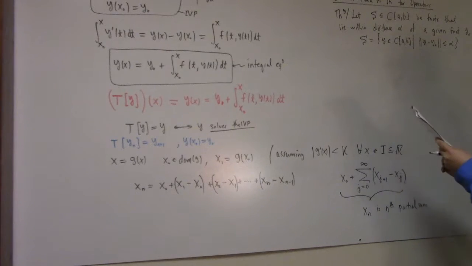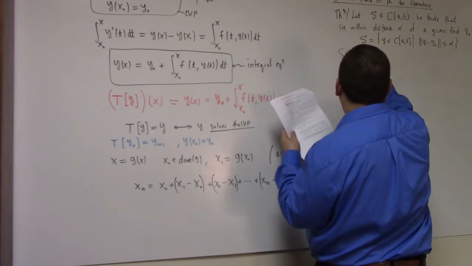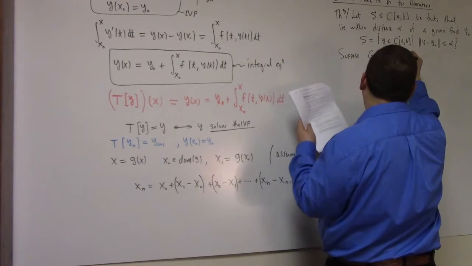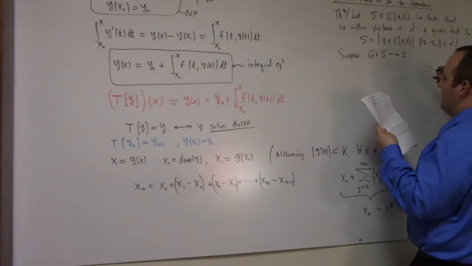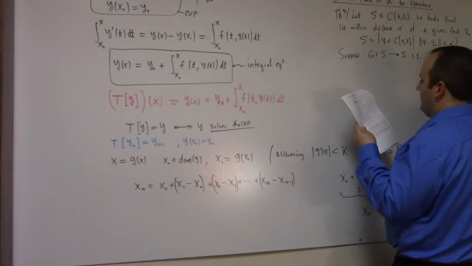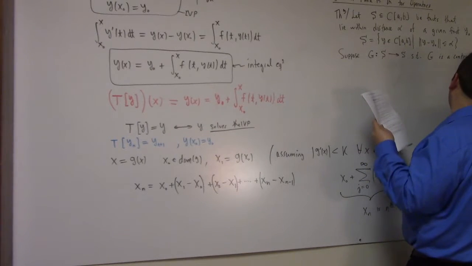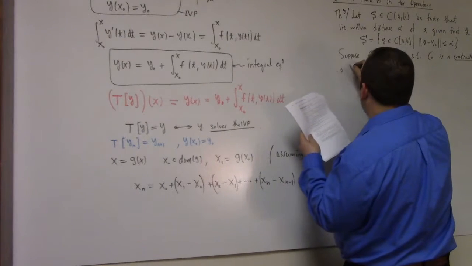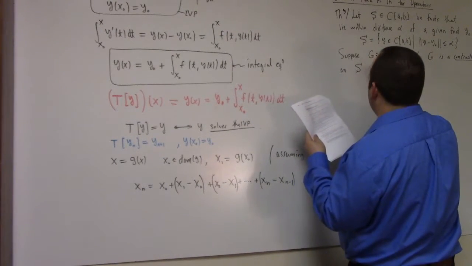All right. Suppose that G is an operator mapping of S into S. So G is a mapping from S into S. Remember, we had to have that into condition before. And such that G is a contraction on S. What do you mean by that?